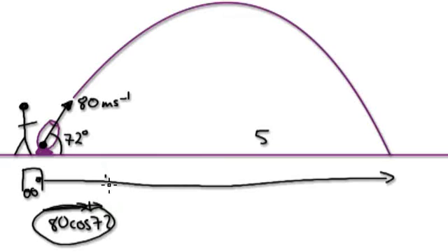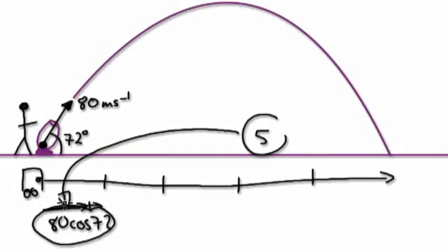Well, then you just get this and times it by 5. So basically work out the time of flight, and then once you've got your time, multiply it with the speed. That will give you the distance traveled.